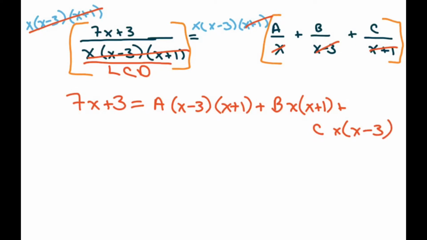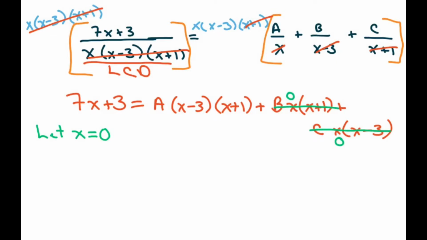Alright, the first thing I want to do is let x equal 0. I'm going to shorten this because I've done a lot of these now, so hopefully you've watched them. If I let x equal 0, when I plug a 0 in here and a 0 here, it's going to knock these two out.